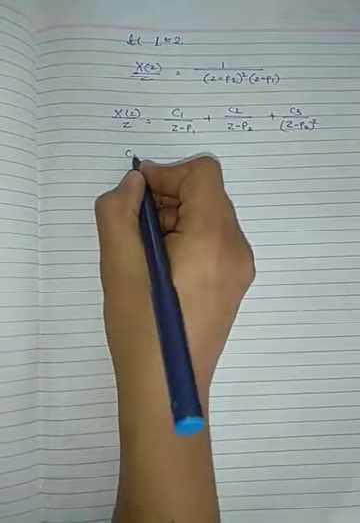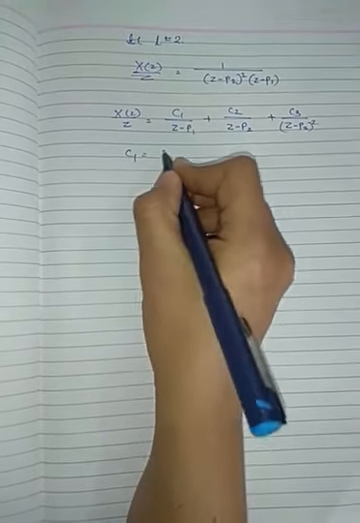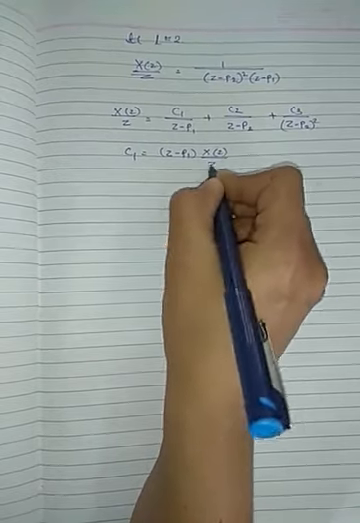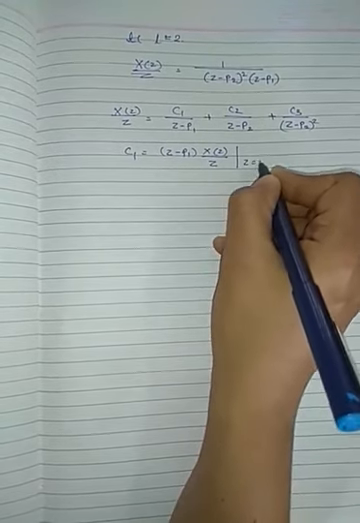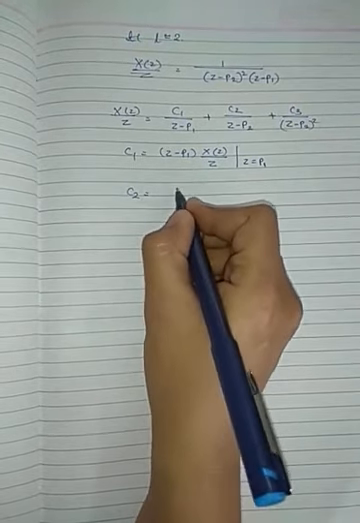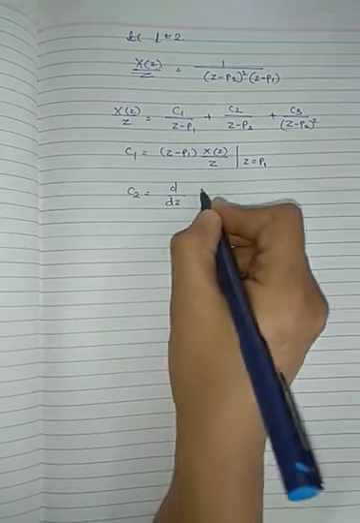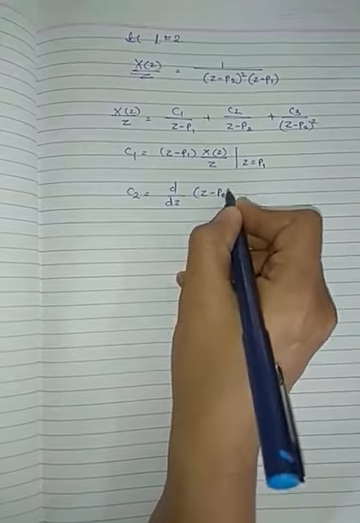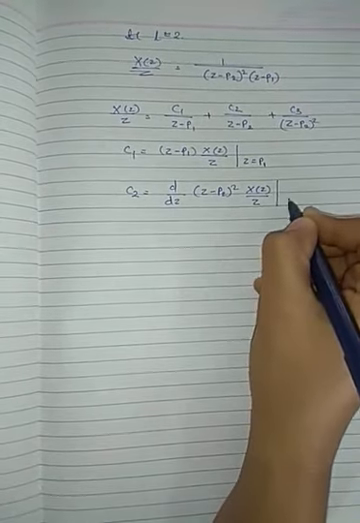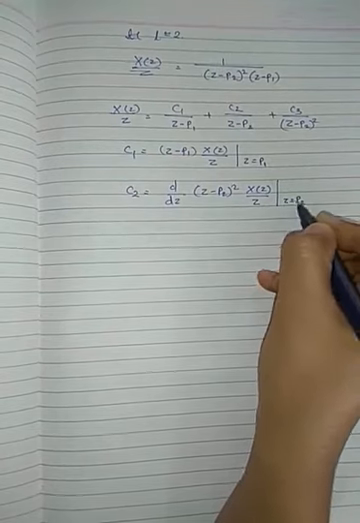Where c1 can be determined by (z − p1) X(z)/z at z equal to p1. What is c2 here? It is d/dz of (z − p2)² X(z)/z at z equal to p2.